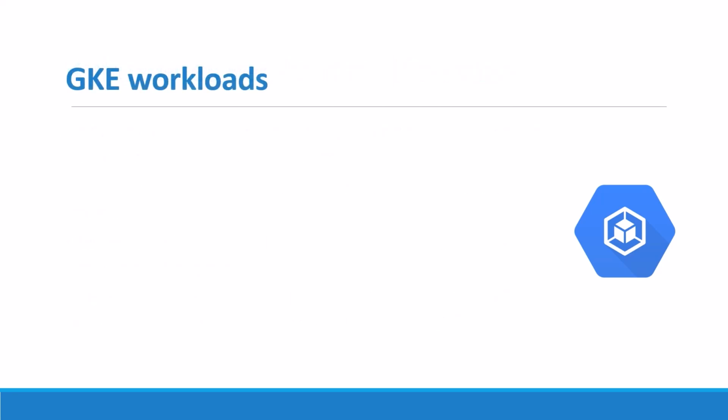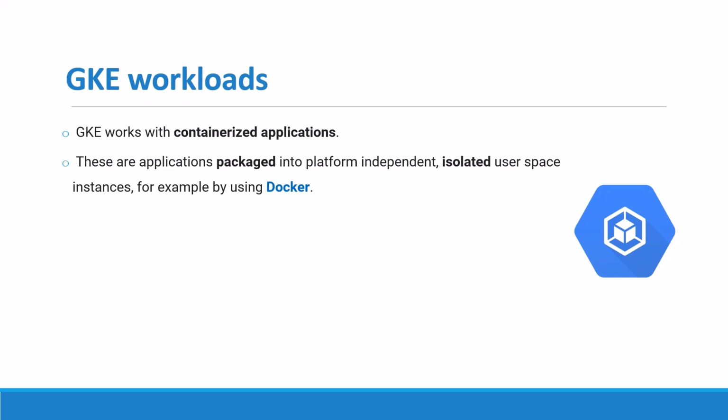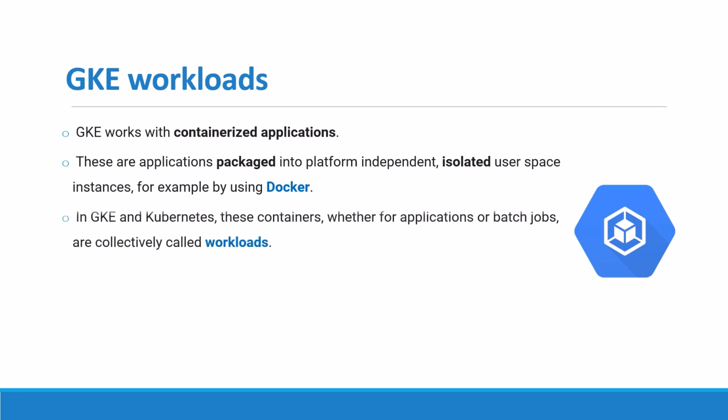Now, let's understand GKE workloads. GKE works with containerized applications. These are applications packaged into platform-independent, isolated user space instances, for example, by using Docker. In GKE and Kubernetes, these containers, whether for applications or batch jobs, are collectively called workloads.